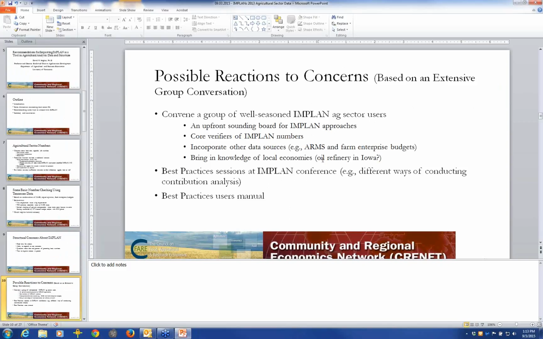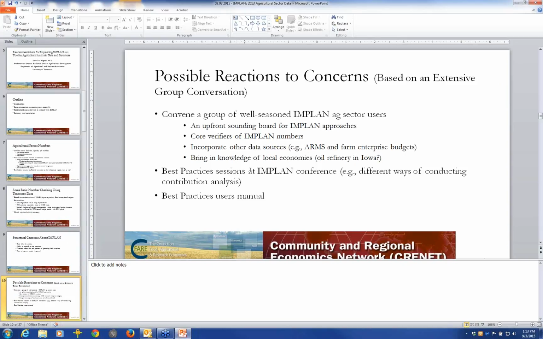They could look at ways to incorporate other data sources to help IMPLAN improve what they come up with initially, like possible use of ARMS data and what John is going to talk about in terms of farm enterprise budgets. And then they bring in knowledge of local economies. For example, if IMPLAN is showing an oil refinery in Iowa, that's probably a problem. There isn't one there, so how can that be dealt with?